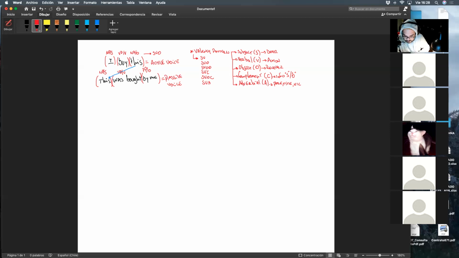It is extremely important that you understand that not every single verb is capable of doing this. You need one specific type of verb. Those verbs are called transitive verbs.